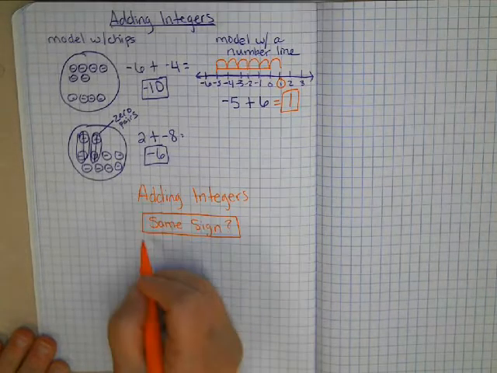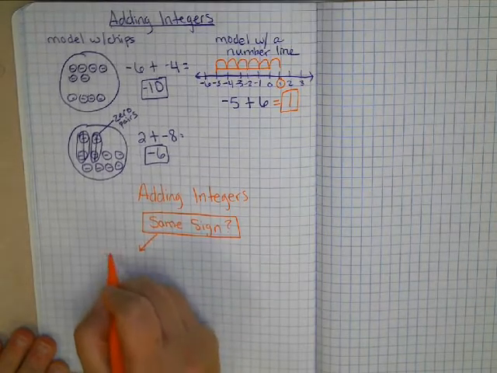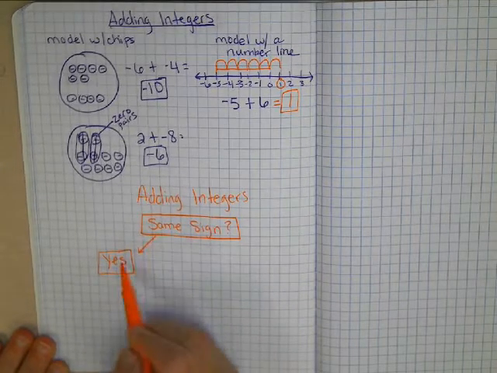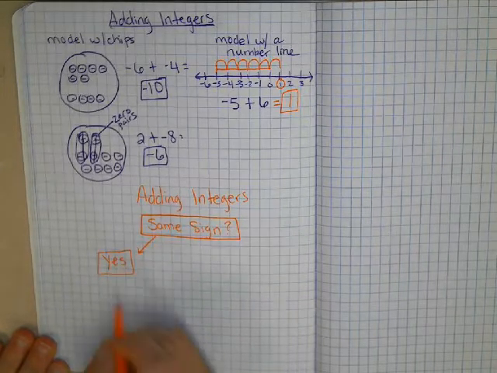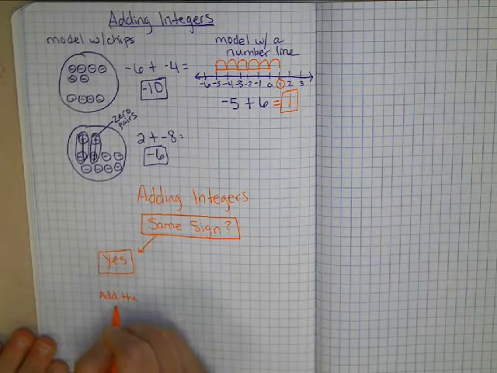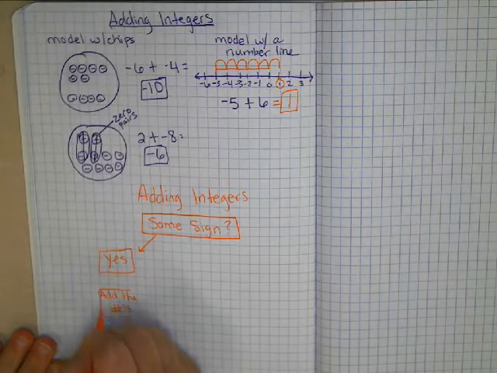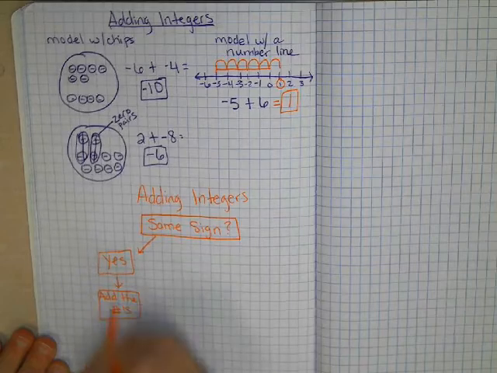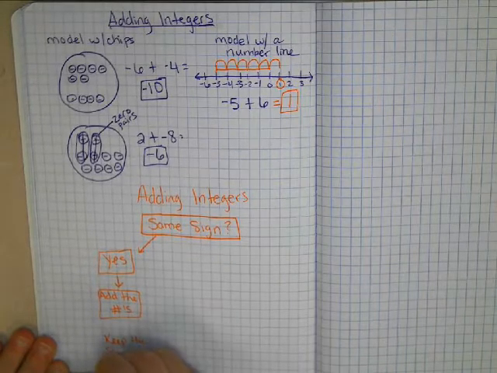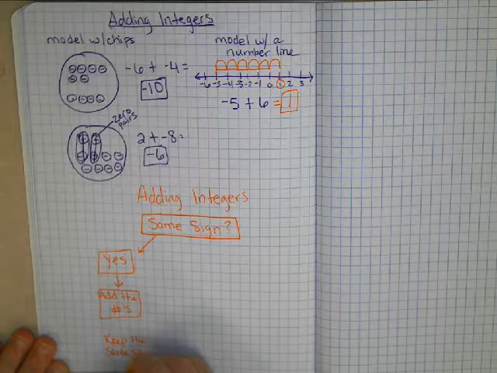So if the answer is yes, I'm going to follow the flowchart this way. Yes, they're both positive, or yes, they're both negative. Then I'm going to add the numbers like normal. And I'm going to keep the same sign.